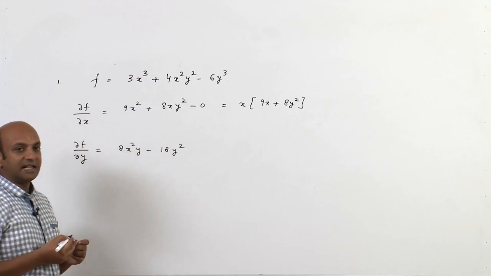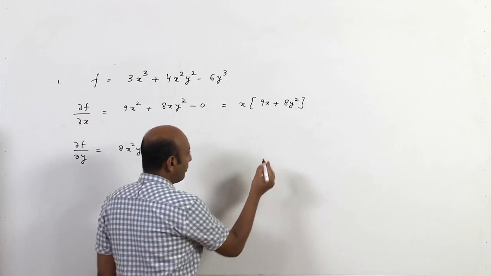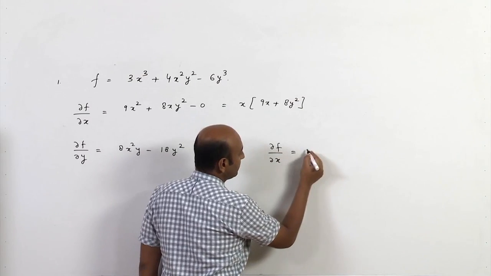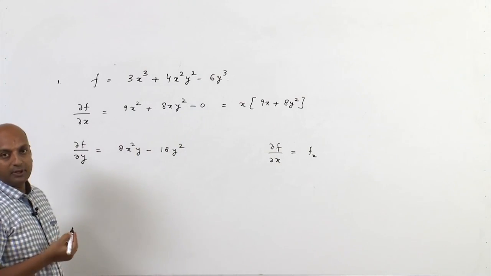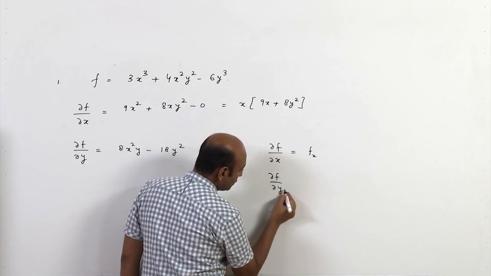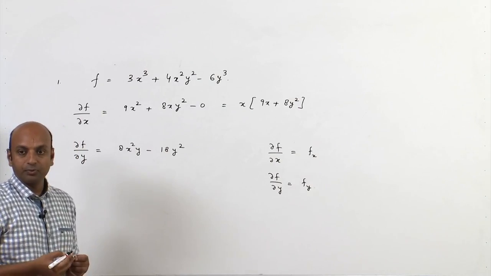So, this is del f upon del y. Now, del f upon del x is sometimes also represented as fx. Fx means del f upon del x. Now, del f upon del y is also represented as fy, okay.